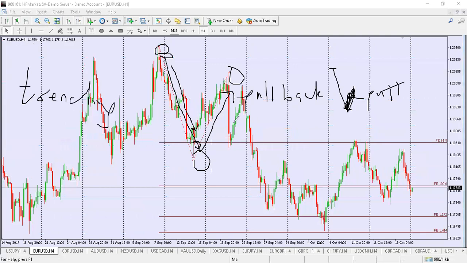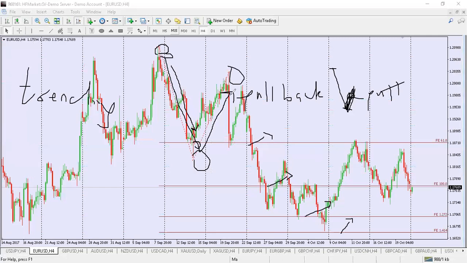All right. So once we determine those three points, what we look out for is these points here: 1, 2, 3, 4. They become points where we can take profits.